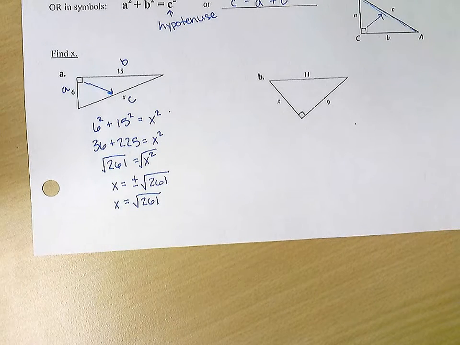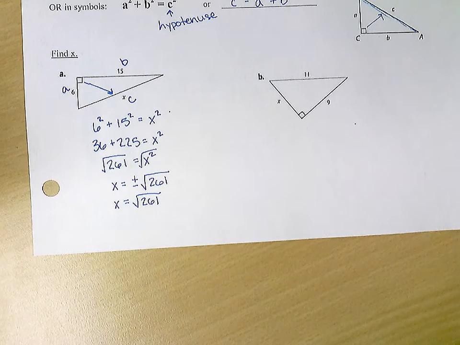Now, we simplified yesterday, right? We practiced simplifying. So what I would do, since I don't know all the factors of 261, I would take my calculator, divide it by 4, see if that works. Divide it by 9, 16, and so on.